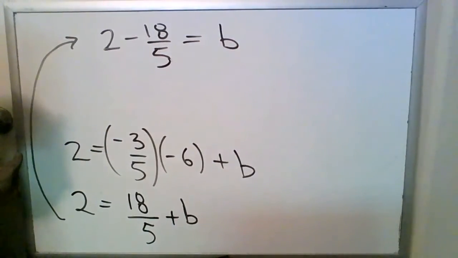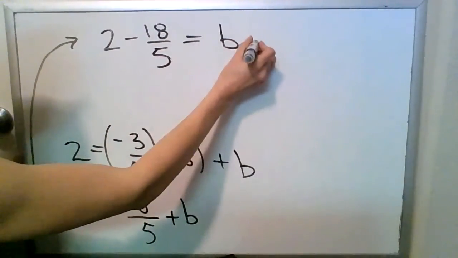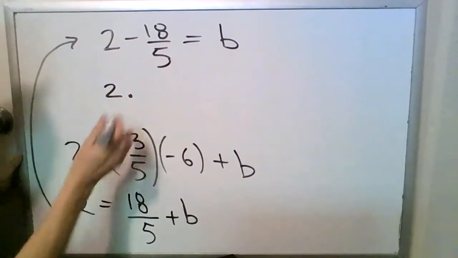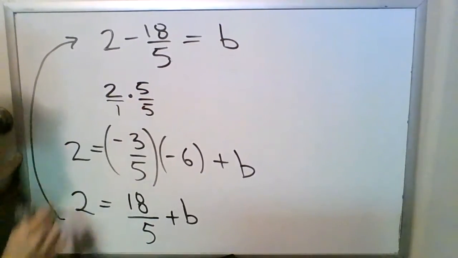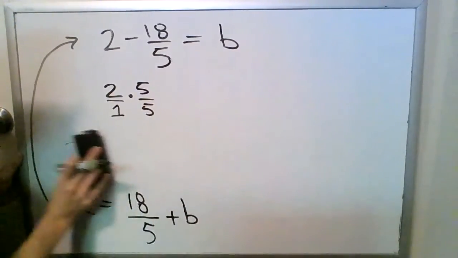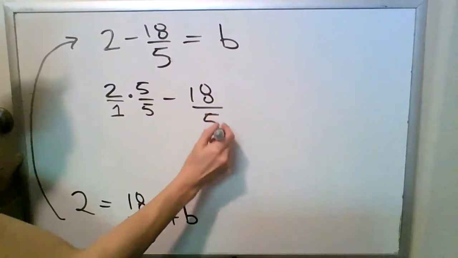You need a common denominator, so we'll multiply. Over here, I have 2 times 5 over 5. We're going to write 2 over 1 just to be clear. Minus 18/5, and that's my value.